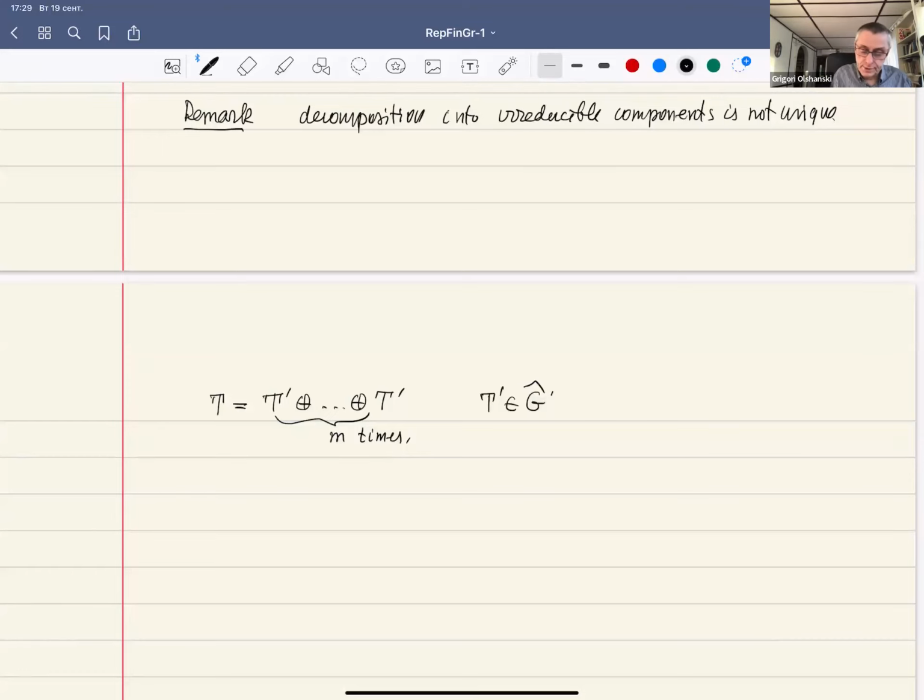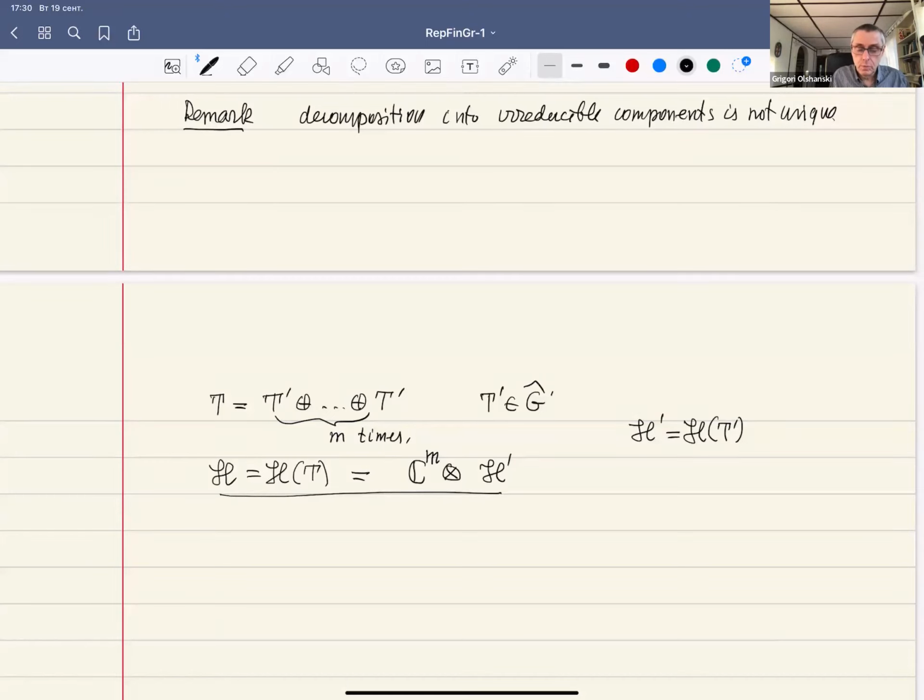Now in this situation, one can write our space H as follows. We take the H prime, my H prime is the space of T prime, and take the tensor product with the m-dimensional vector space. We can write this.